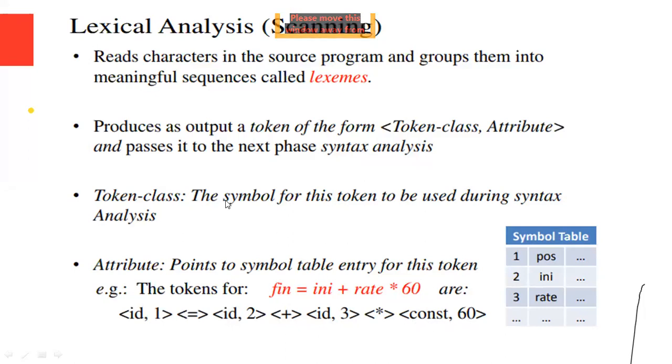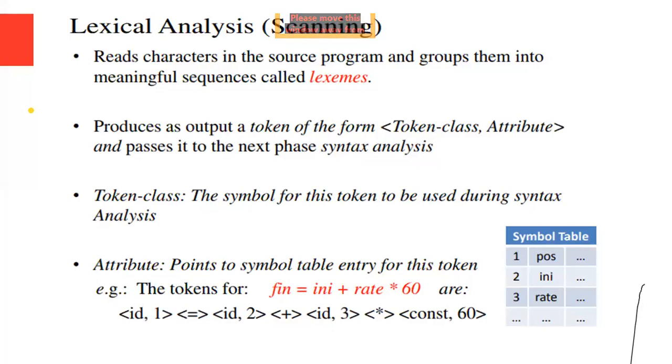So in this lexical analysis phase, we have to read each and every character present in a source program. Source program means a program written in a high level language. The program is grouped into meaningful sequences. Those sequences are called lexemes, and it produces an output of a token of the form token class comma attribute, and passes it to the next phase, that is the syntax analysis.